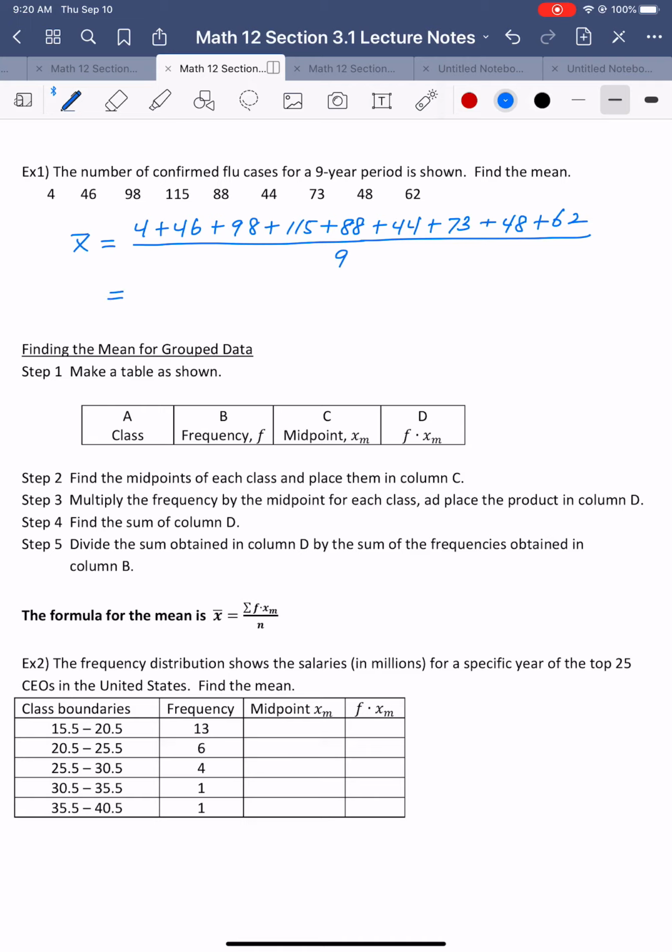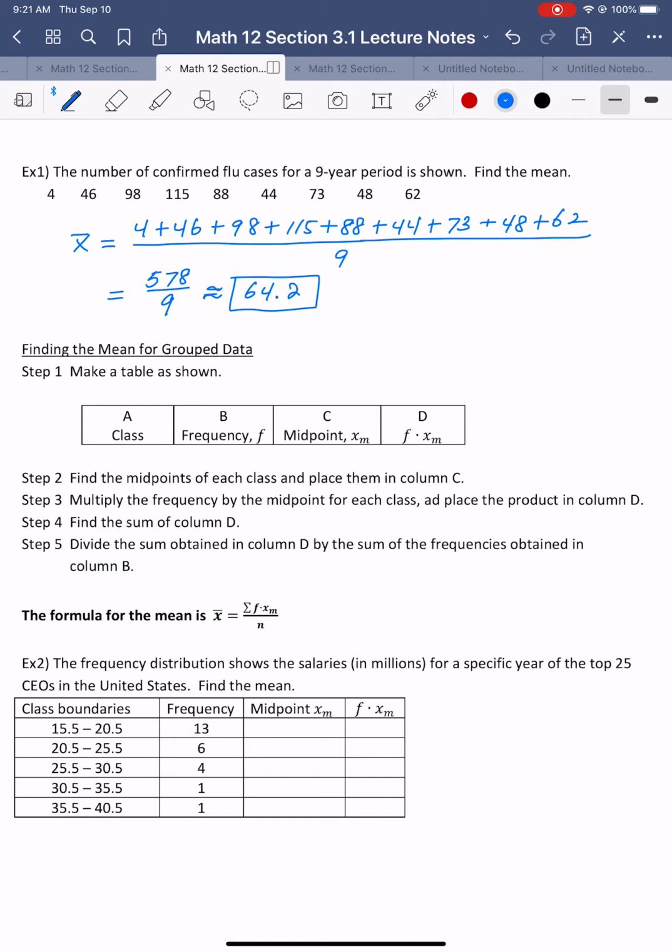You get a sum of 578 over 9, which becomes 64.2, after rounding. Since the data values are whole numbers, we round to the first decimal place.